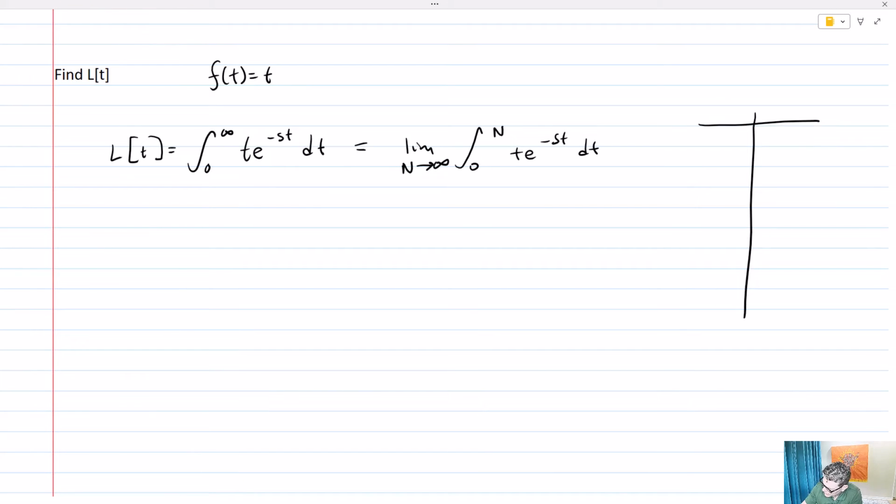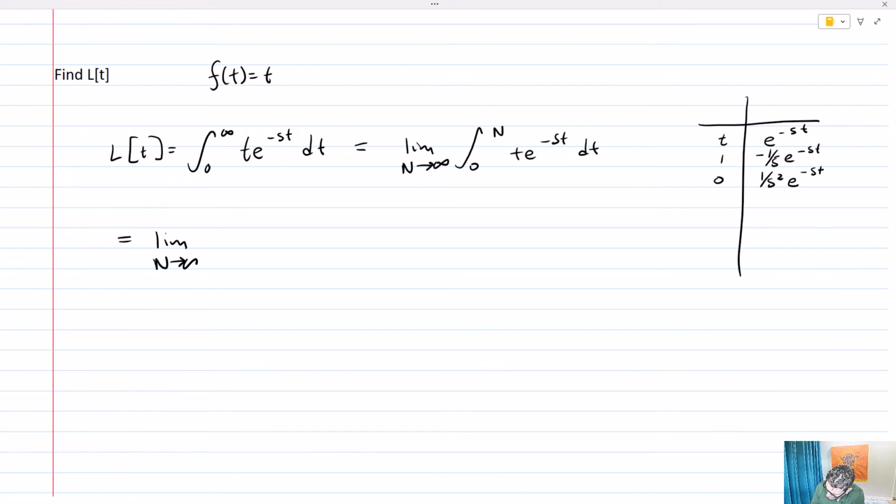I'm going to then use integration by parts. So I'm going to have t, 1, 0, and then e to the negative st, negative 1 over s e to the negative st, and then positive 1 over s squared e to the negative st. So this is going to then equal the limit as big N goes to infinity.